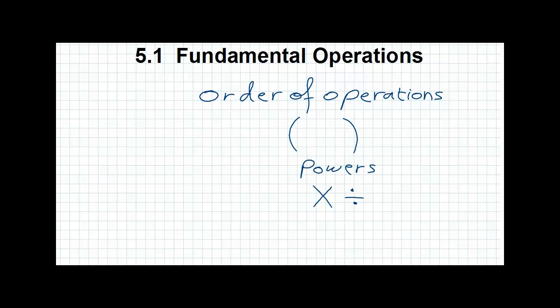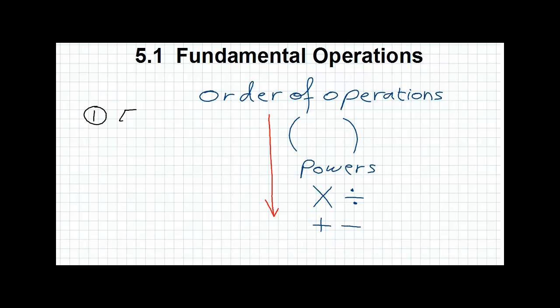The last priority here is to do any addition or subtraction in order from left to right. So the last order here is for addition and subtraction. This is what we call order of operations. Let us apply this on some examples.